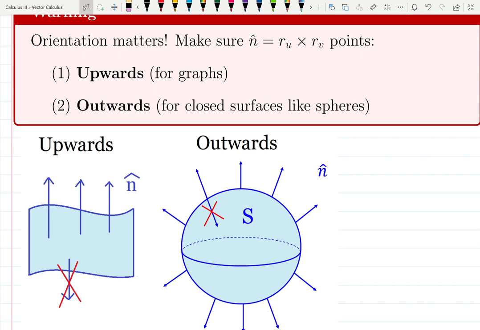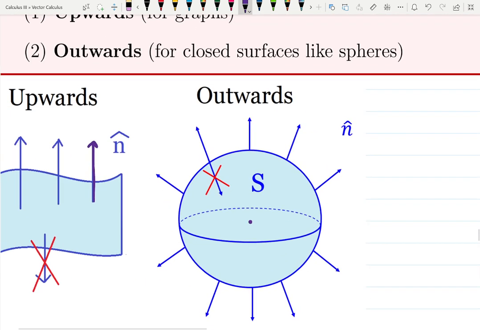N should point up for graphs and not inside for spheres. Inside will be negative. So it makes sense. If it's positive, it means it's stretching you away, like gravitational forces stretching you away. If it's like a black hole, that's a pretty rare behavior. So to go in, we'll put negative n. And in general, n is sticking outside.